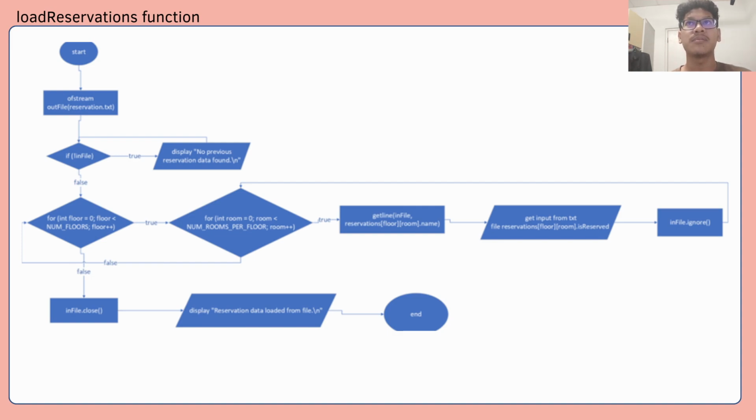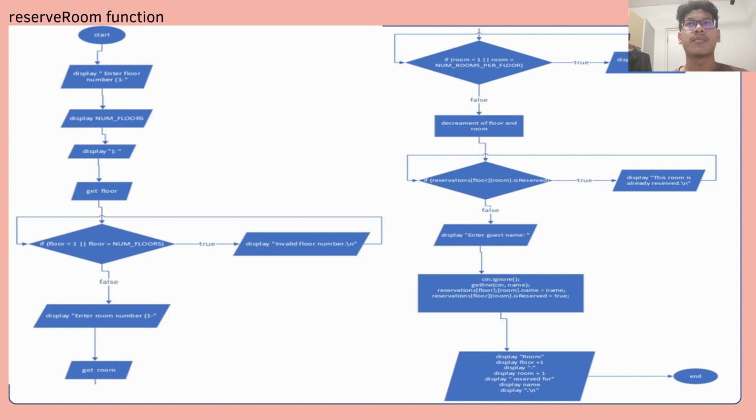Next, for the save reservation function, we also use the file method, but we use it to print the data to the file reservation.txt. Also in this function, we use 2 for loops, and we display the reservation floor and room. Next, the reserve room function is used for the user to reserve their room.